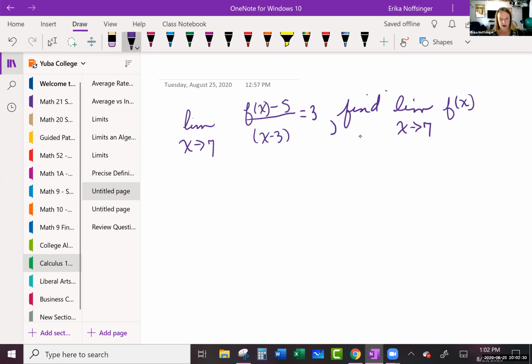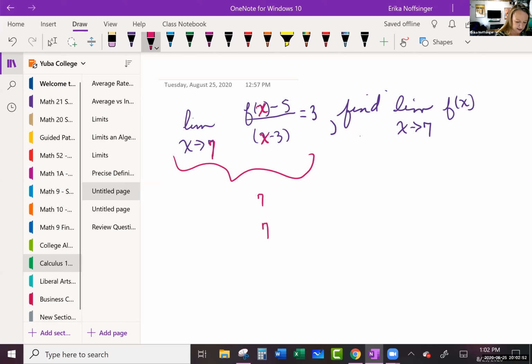Okay, so let's use what they're giving us. Let's put this in what we know. When we're taking the limit as x approaches 7, we can go in algebraically and plug in 7 wherever we see an x in that function. So I'm just going to write 7 here and here.